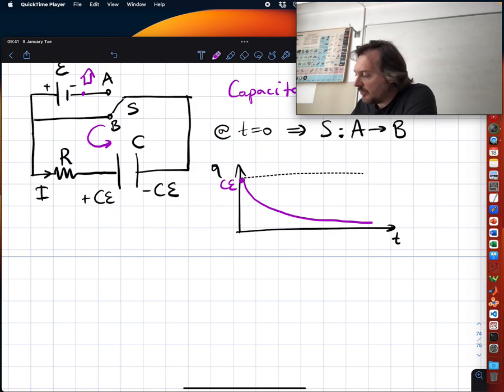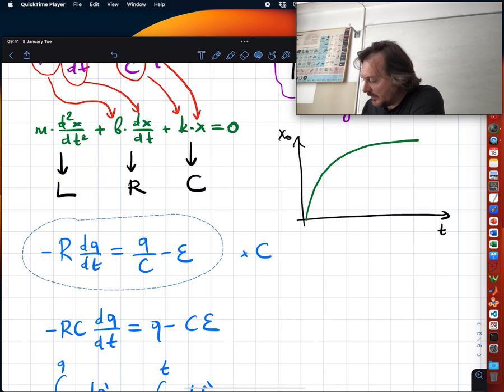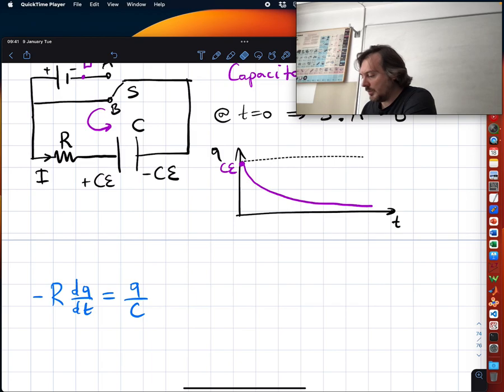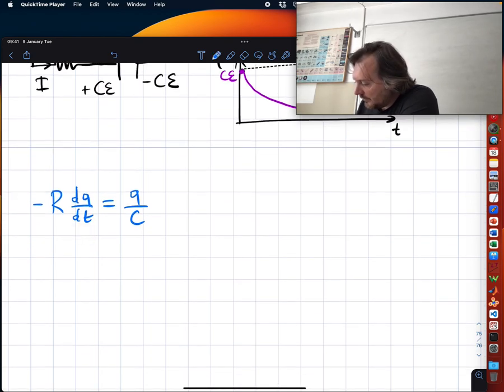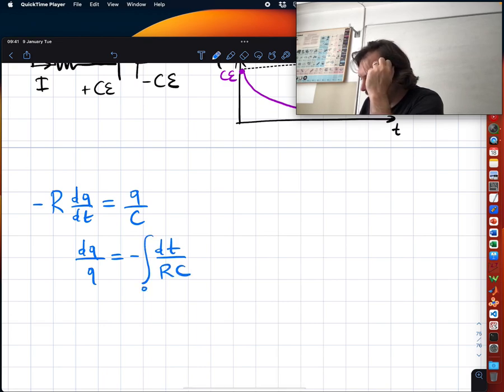We actually have the same equation, only we are missing E. Do you remember the equation? This is the equation, and we don't have E in it. Just paste it here and remove E. So what do you have? A much simpler system. You have dq over q equals minus dt over RC, integrated from 0 to t, let me make it t prime, and from CE to some q at a certain time.